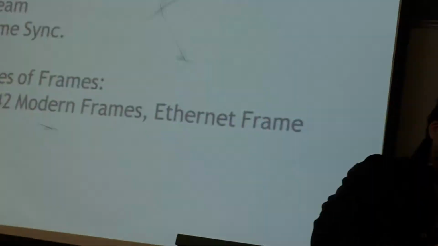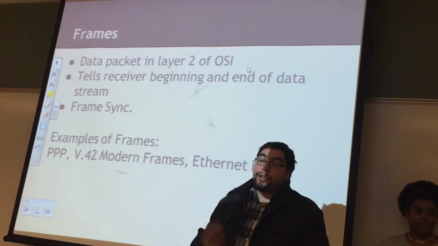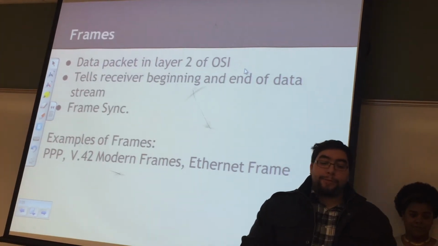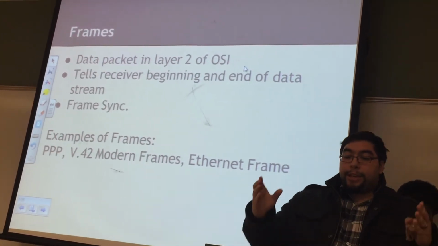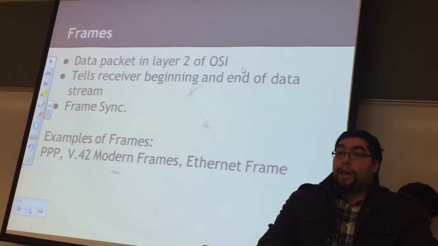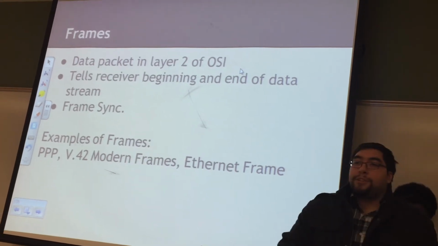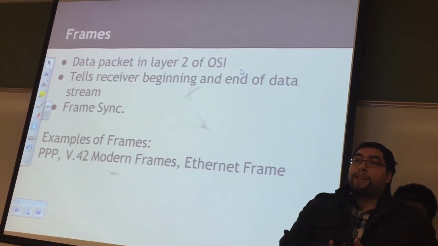All right, next is frames. A frame is a data packet in layer 2 of the OSI model, so it's in your data link layer. Essentially, a frame is a number of bits that are transmitted, and they start with a header.